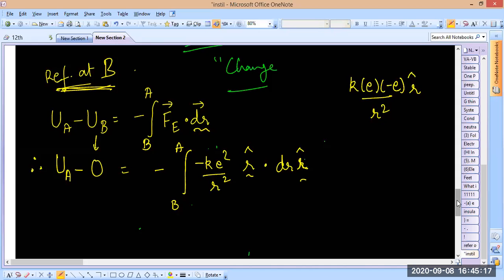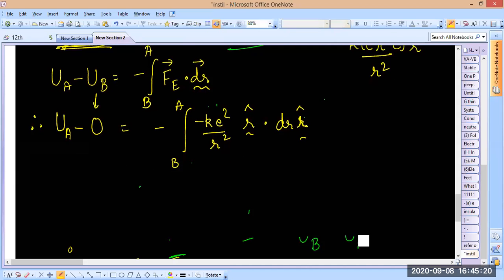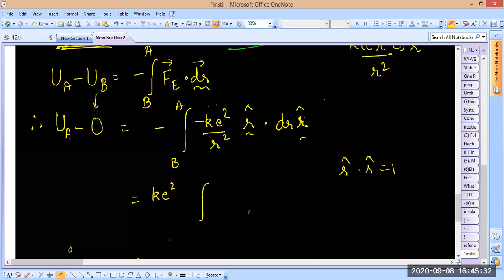Now we have to do the integration. Okay, constants outside, minus minus plus KE square constant, right? What's remaining inside is r hat dot r hat is 1, so it becomes dr by r square, and we have to integrate it from B to A. B means how much distance? 1.06 angstrom, and A means how much distance? 0.53 angstrom.